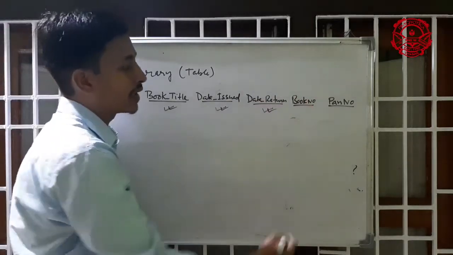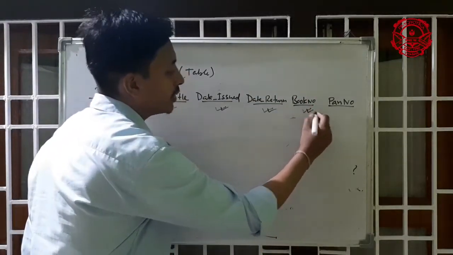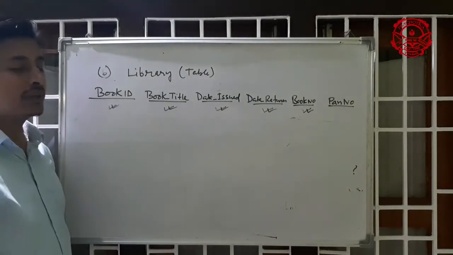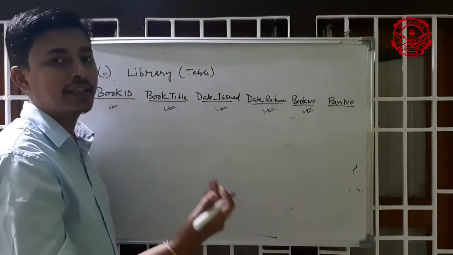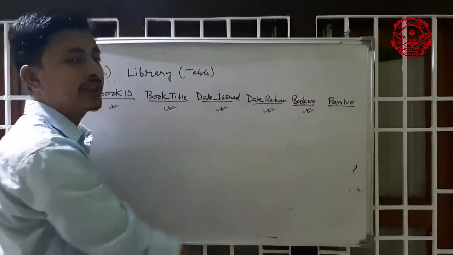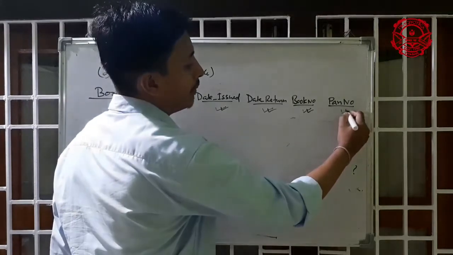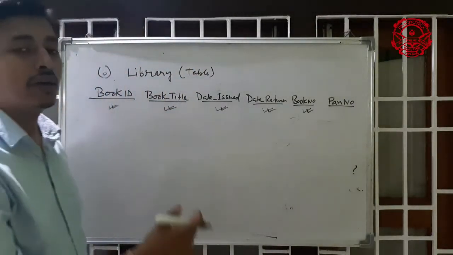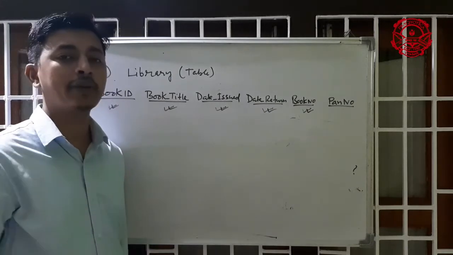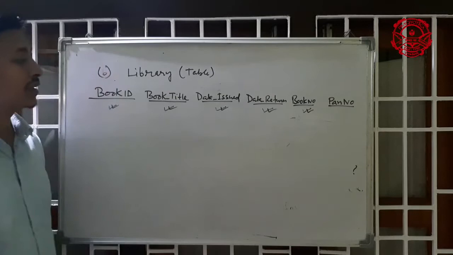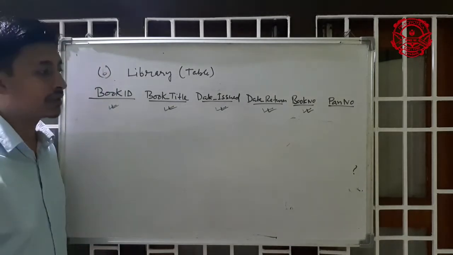Book number is also important. Which book? Say I need book number 4. So book number is very important. But here you can see pen number. Pen number is not important. Pen number is for our own personal purpose. We don't need to show our pen number to take the book.